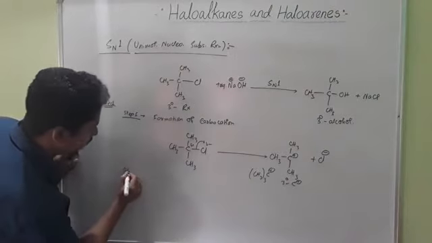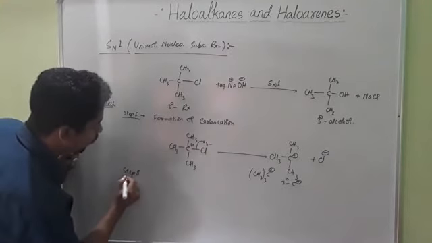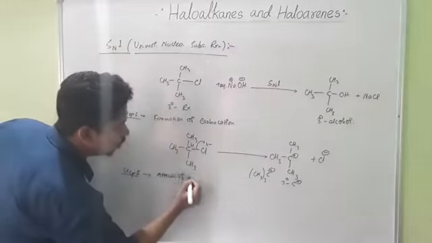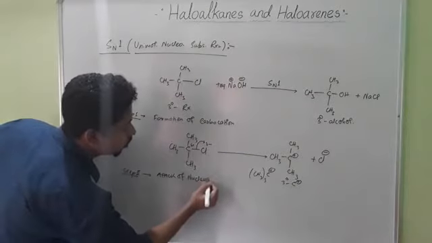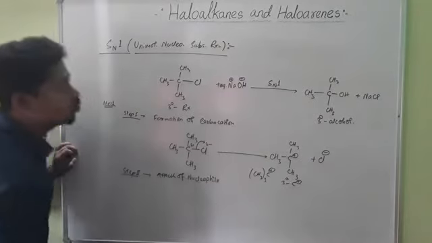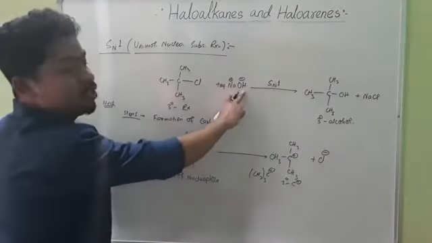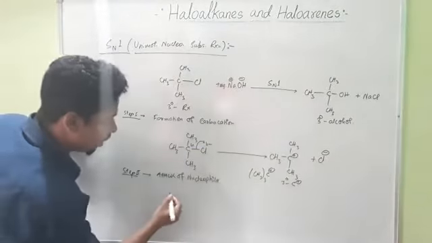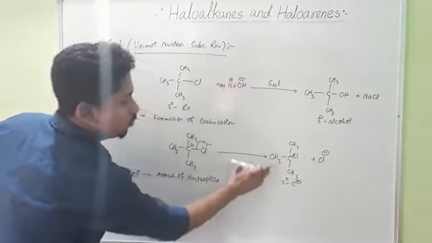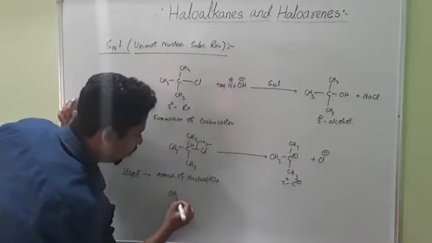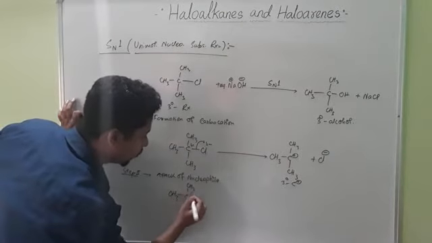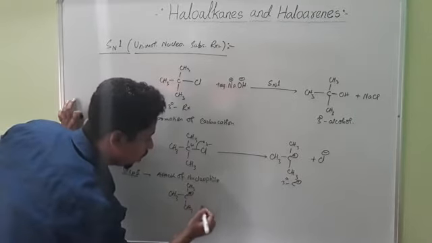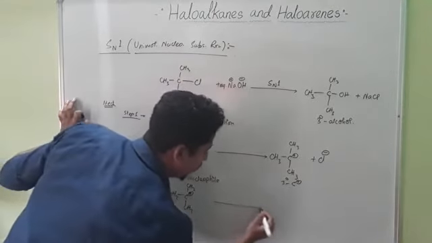Then step 2 is the attack of the nucleophile. What is the nucleophile here? Here you see this OH minus is the nucleophile. Now take this 3 degree carbocation, CH3, bond C, bond CH3, bond CH3 plus, and here OH minus.